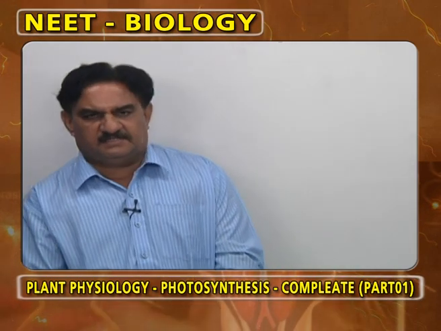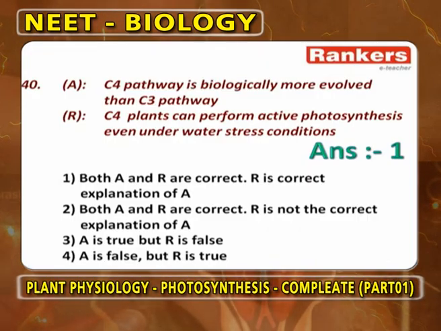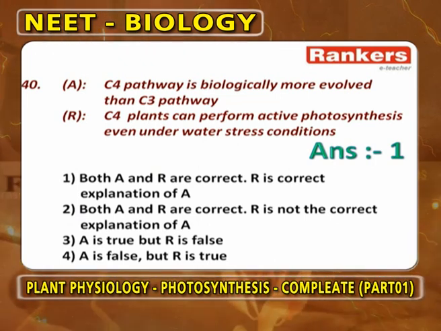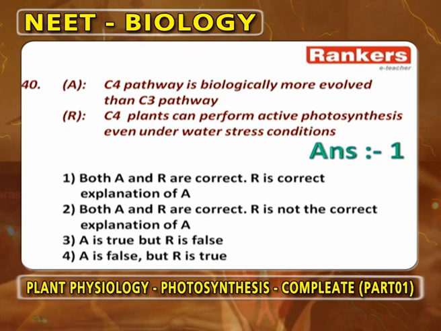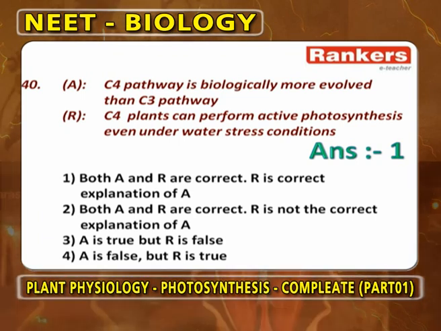This is an assertion reasoning question. Assertion: C4 pathway is biologically more evolved than C3 pathway. Definitely the C4 pathway is more evolved than the C3 pathway. Reason: C4 plants can perform active photosynthesis even under water stress conditions. So C4 plants grow in water stress environments.